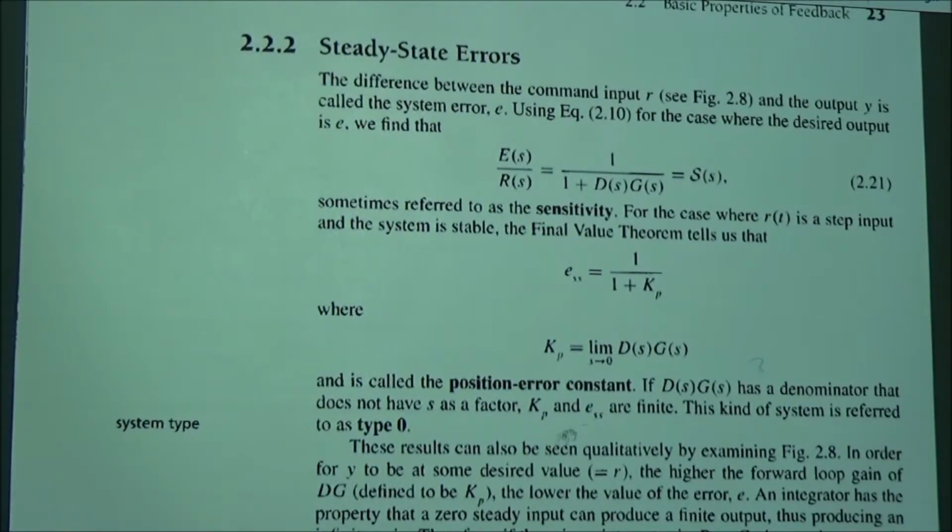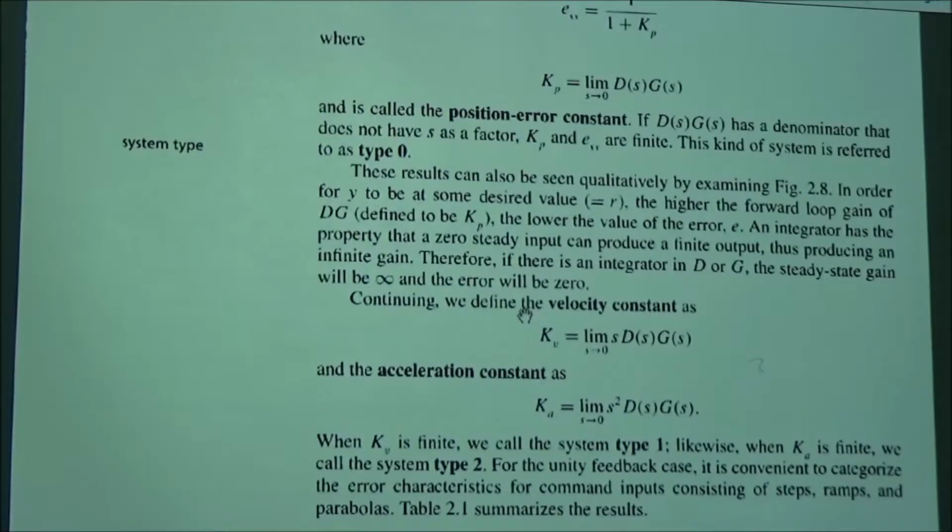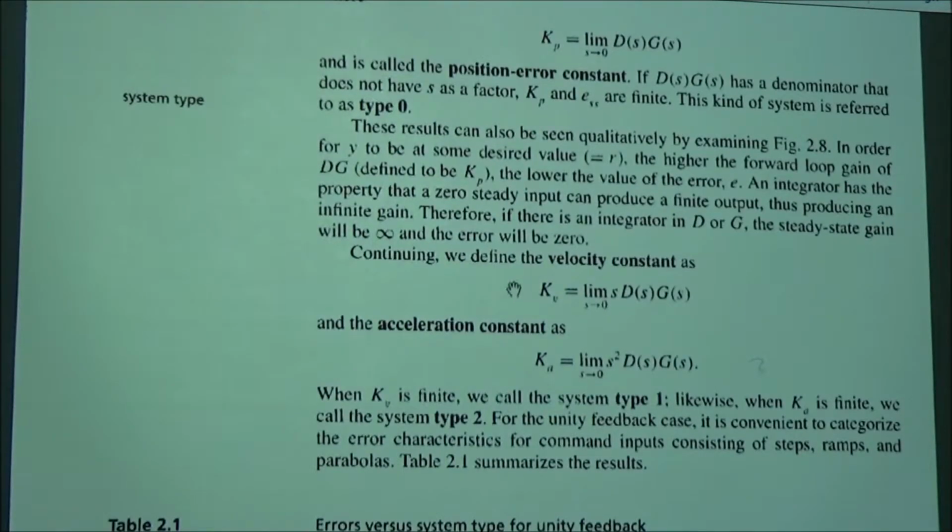And it also depends on the type of the system. Type 0 is when you have S to the power of 0 in the denominator. Type 1 means you do have a single S multiplied by the rest of it. And type 2 is S to the power of 2. So depending on the type and the signal, you have different values of the steady state error.